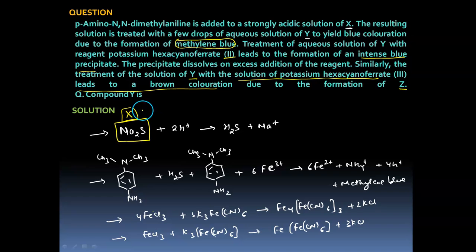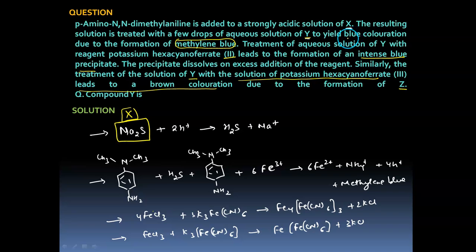For the Y compound, we can see the resulting solution on treatment with a few drops of Y solution yields a blue coloration due to formation of methylene blue. So we know that it yields the blue coloration due to methylene blue.